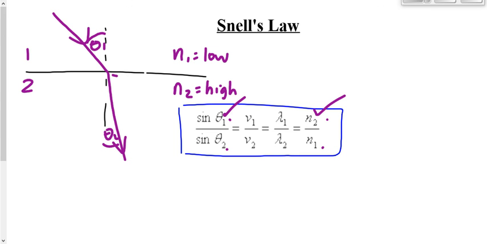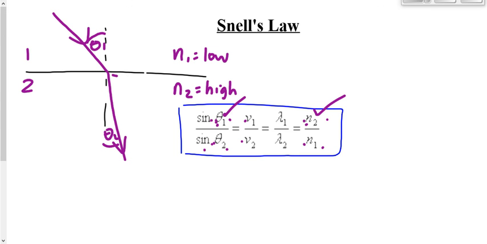As theta goes down, V goes down. That's not a linear relationship again, but it's proportional. Theta 1, theta 2, V1, V2, N2, N1. As theta goes down, N goes up because it's inversely related. As theta goes down, V goes down because it's proportional. Lambda would also go down, by the way, as well.